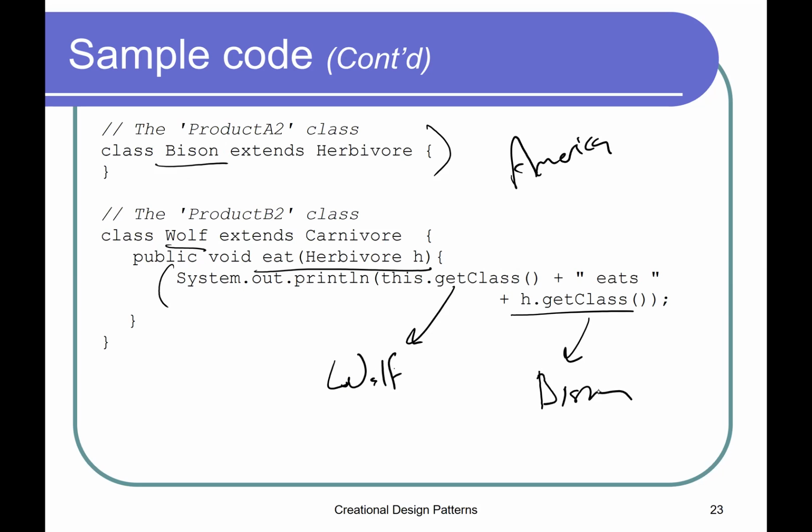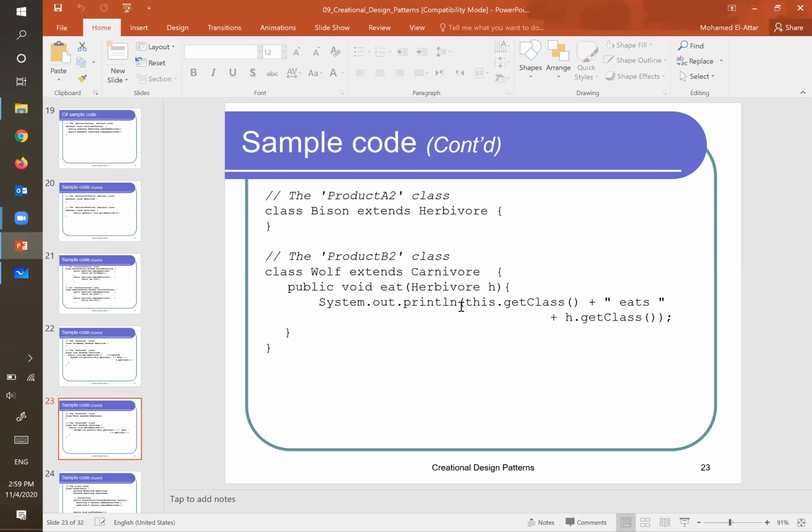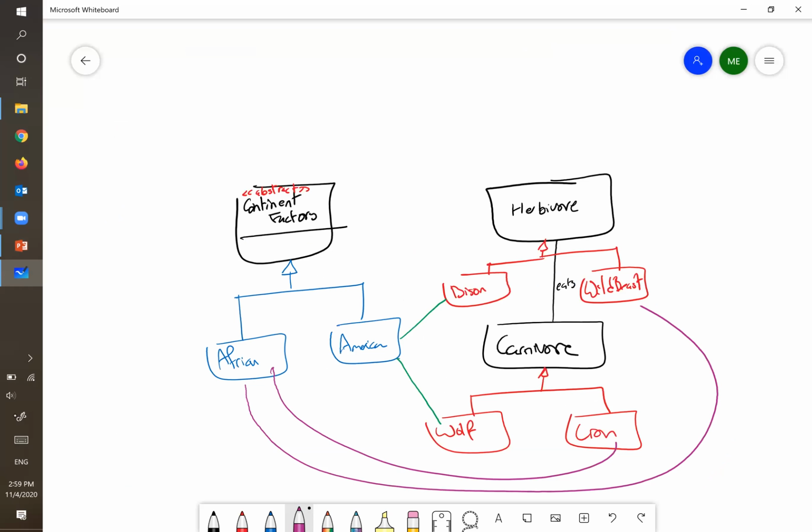So let's just step out here for a second. Okay. So now the code itself says that the wolf is going to eat a herbivore. The lion is going to eat a herbivore. It didn't say the lion is going to eat a wild beast.